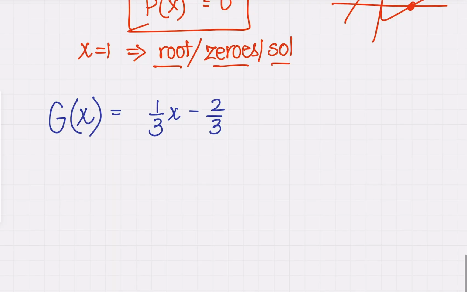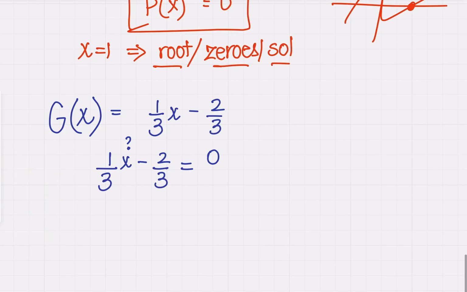In order to solve questions like these, what you can do is write 1 by 3x minus 2 by 3 and equate it to 0. Because anyways our polynomial will be equal to 0, isn't it? That's why we are making the whole polynomial equation equal to 0, because we are trying to find at what value of x my polynomial is going to take the value 0.